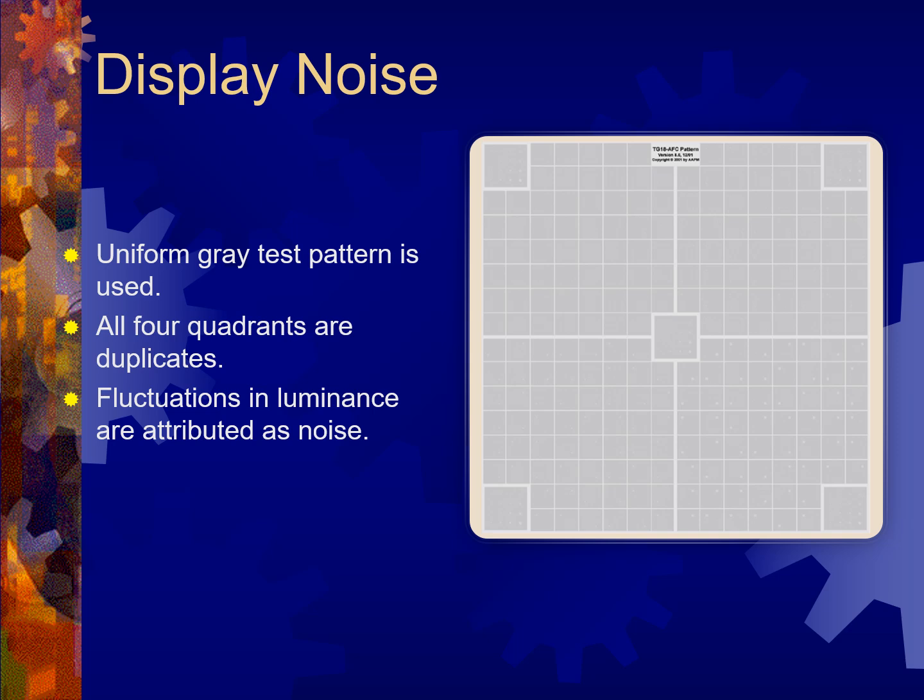So if you measure any one of the tiles in this pattern and any one of the other tiles, you should not get more than 30% variance. All of them have dots in them, subtle contrast cues, so it can also measure for noise and contrast.